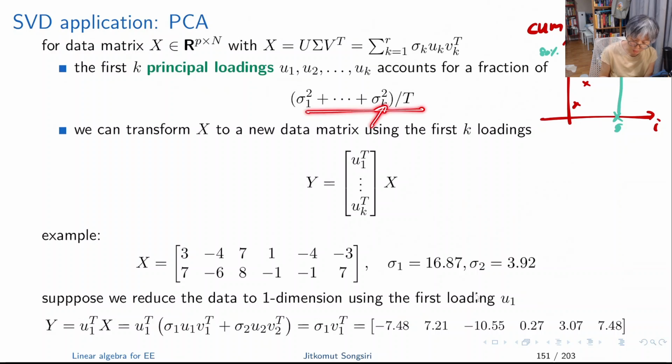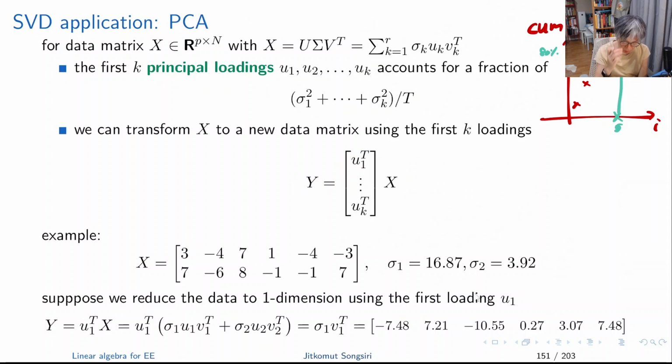This is up to your choice of k. Then you stack u1 to uk in this way and transform x with them to get the new variable y.